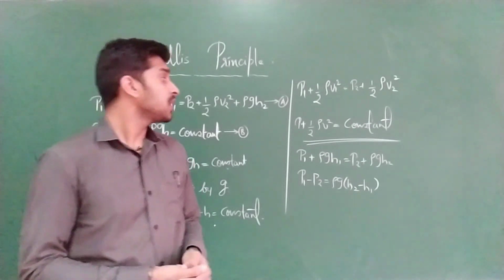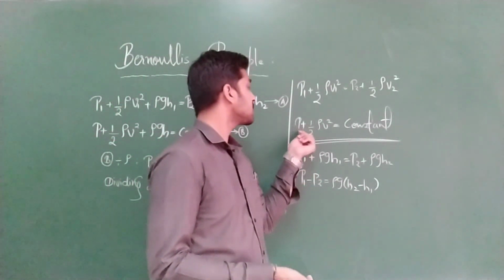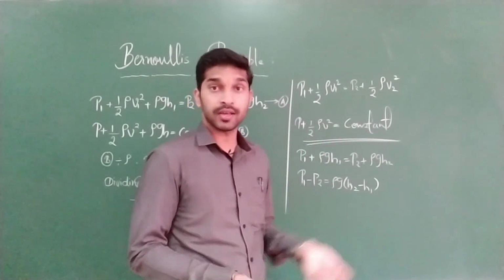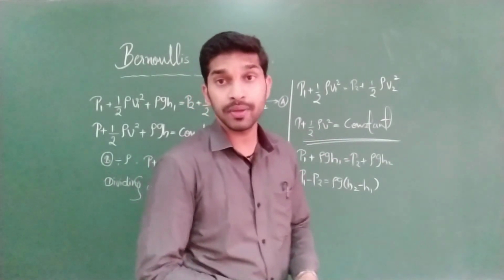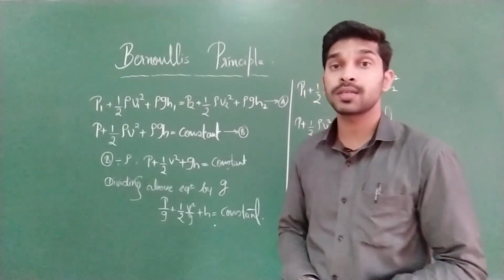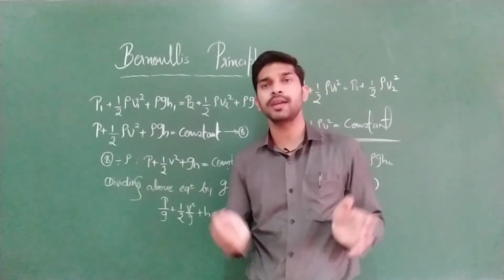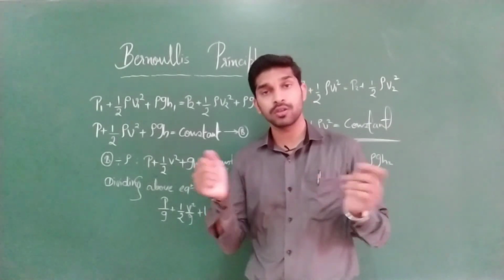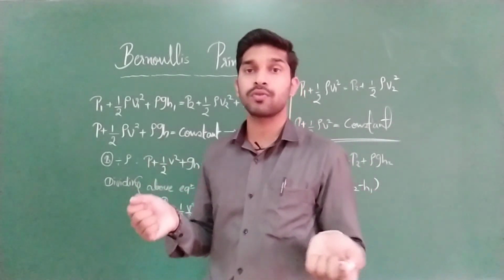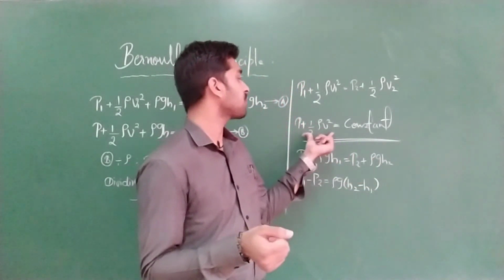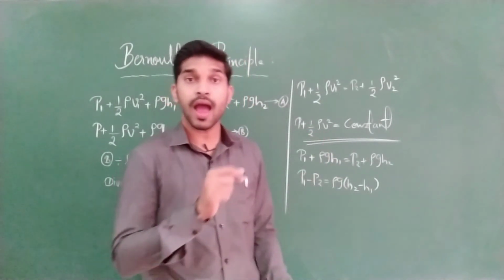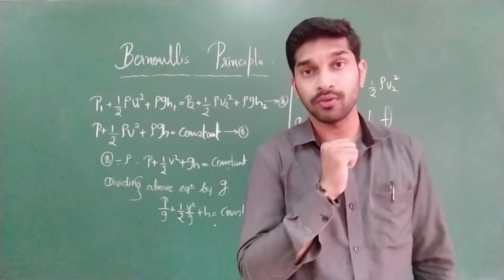If pressure is increased, velocity will be decreased, because the addition of P plus half rho V square should remain a constant value. Clear?